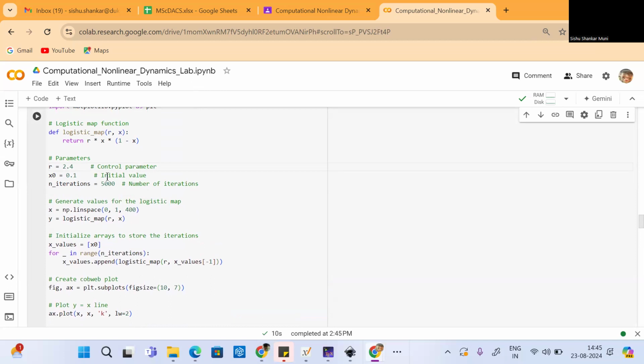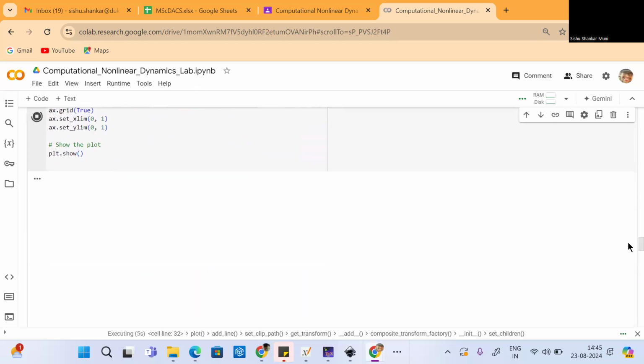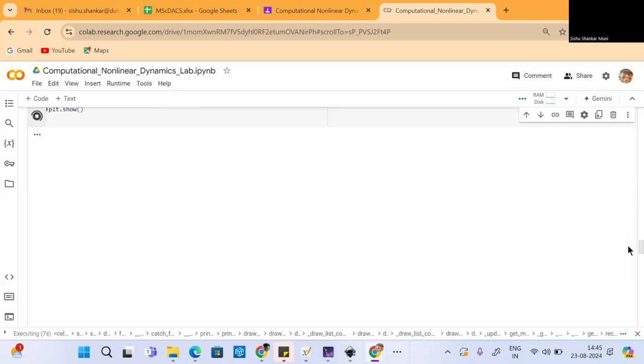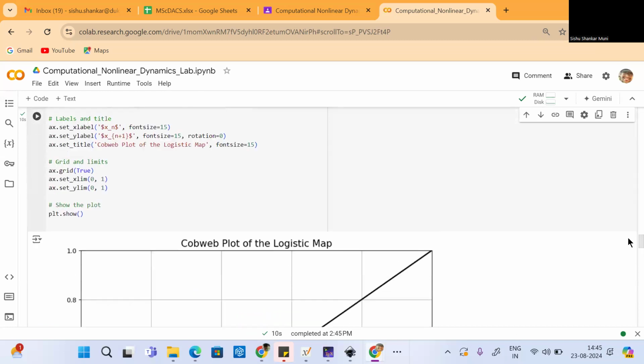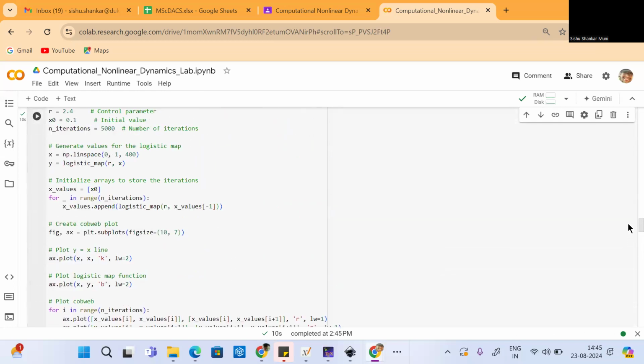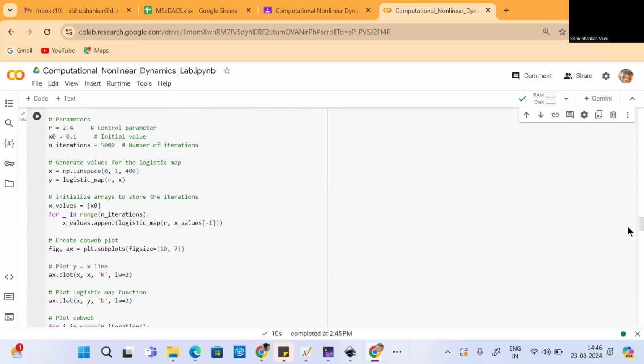Last time you wrote in your notebooks. 4, suppose. Still converging to a fixed point. How much? 2.8.